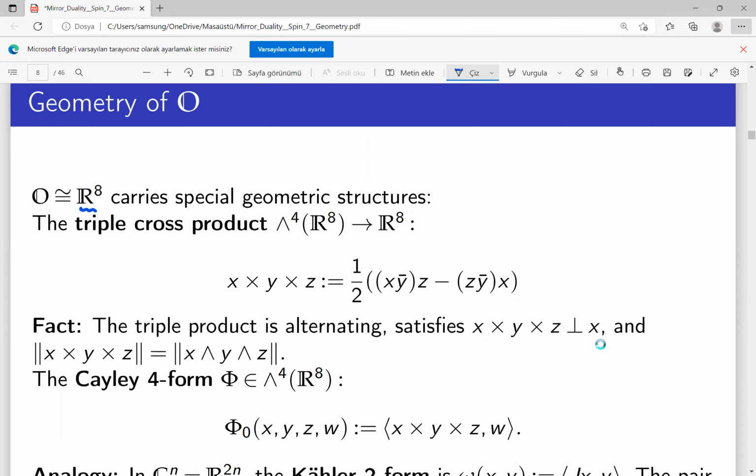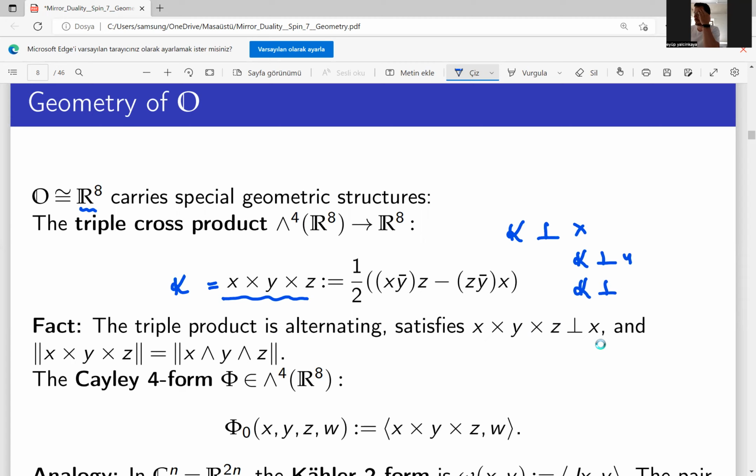For the geometry of the octonions, we think of the octonions as isomorphic to R8, and on this space we have the triple cross product. The cross product gives us a new vector, chi, orthogonal to the three elements: chi is orthogonal to x, to y, and to z.